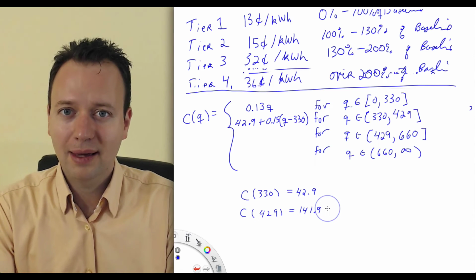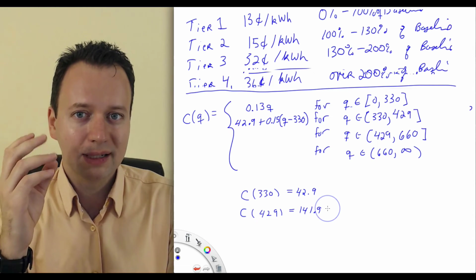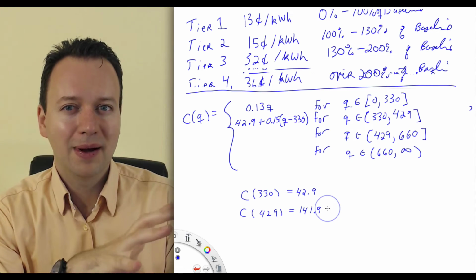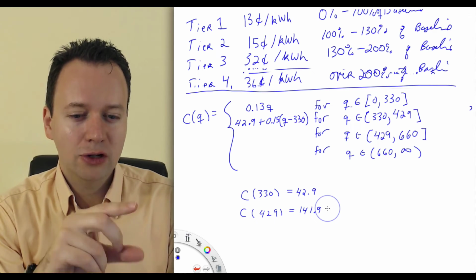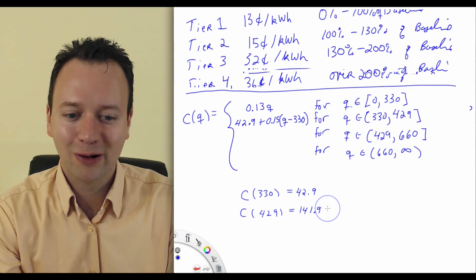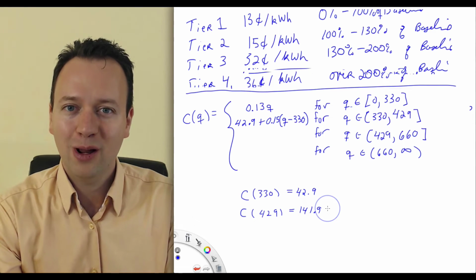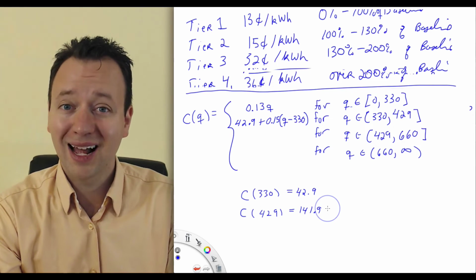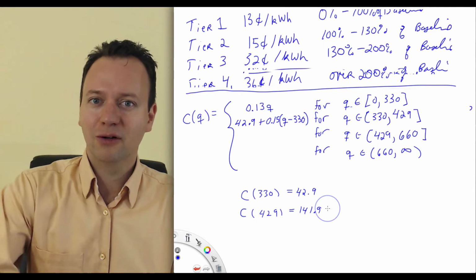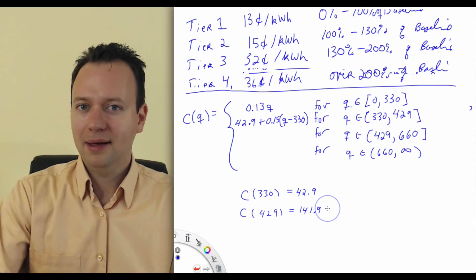Even if you're not explicitly saying it, you always want to be thinking in some part of your mind, does my answer make sense? Something's fishy here, because 330 kilowatt hours only costs $40. For an extra 30%, it costs an extra $100 when the rate's not that different. I mean, 13 cents to 15 cents. Something's wrong.